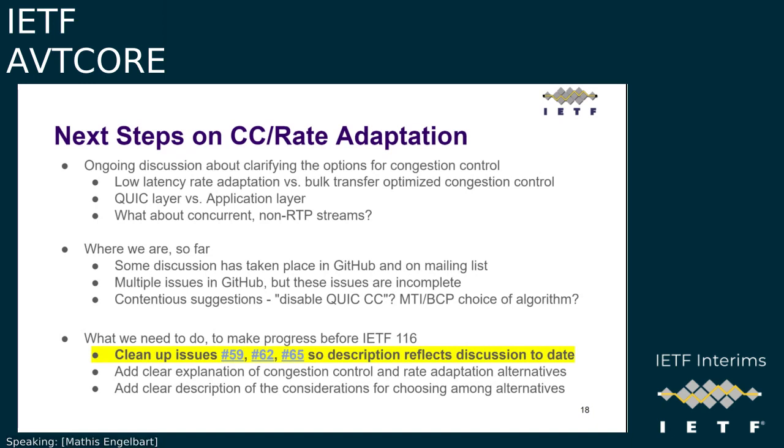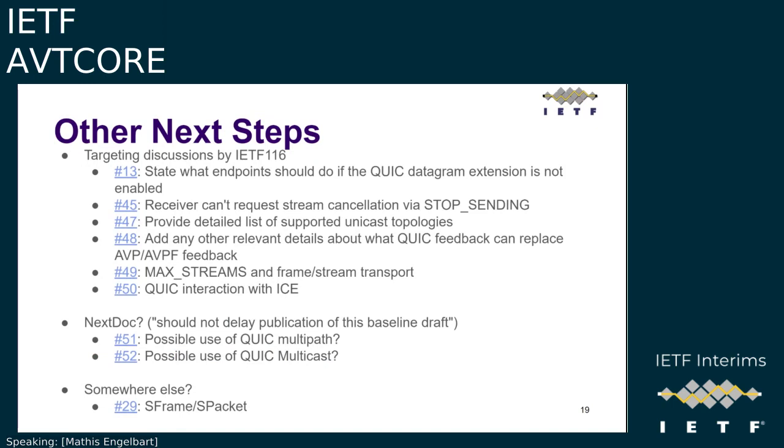Yeah, sure. Next slide, please. So after congestion control, we have a couple of more issues, which we grouped into 3 here. It may be a bit optimistic to say we will discuss all of them in IETF 116, but that's what's the plan for now, to work on these after we cleaned up the congestion control issues.